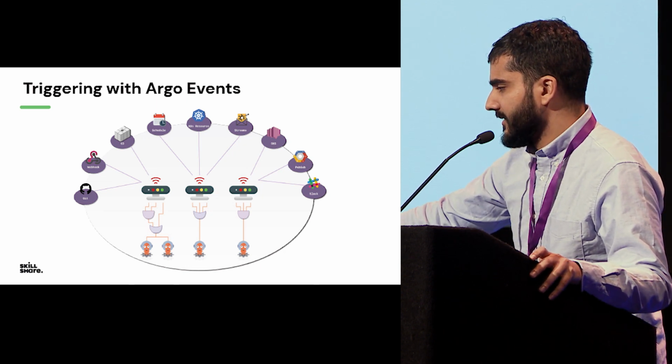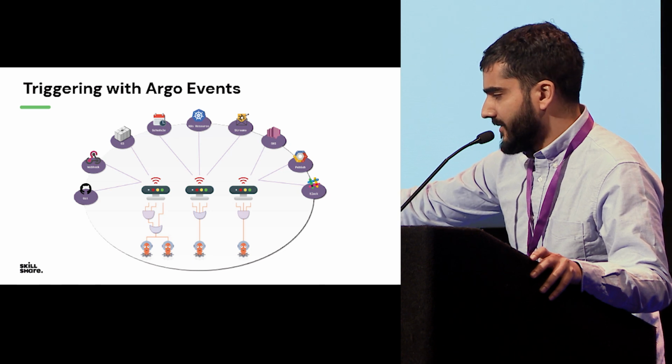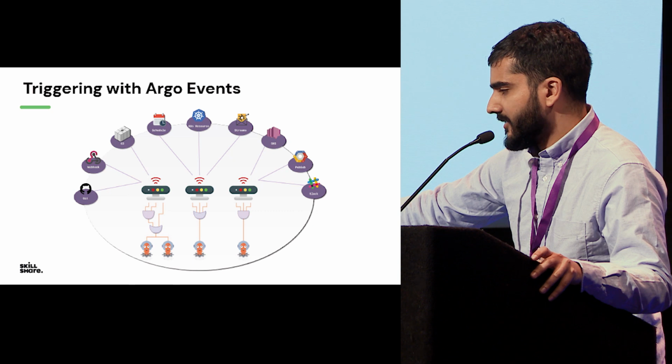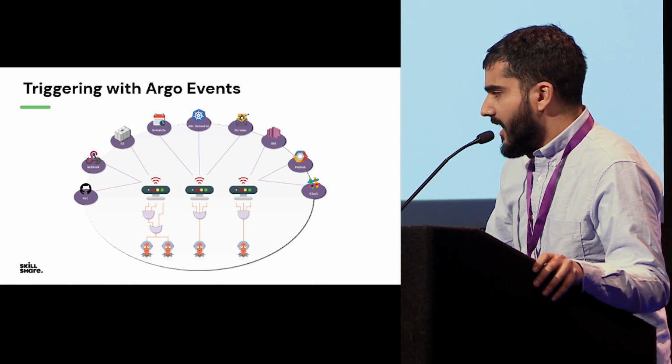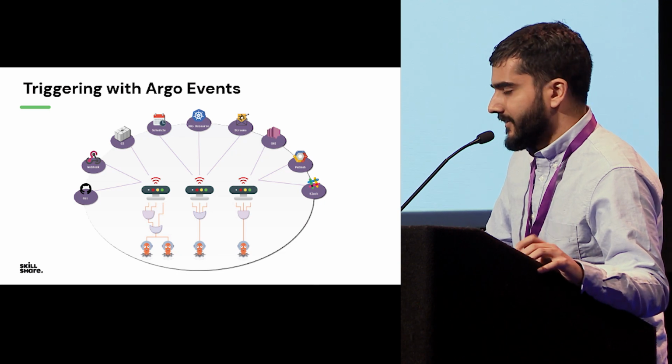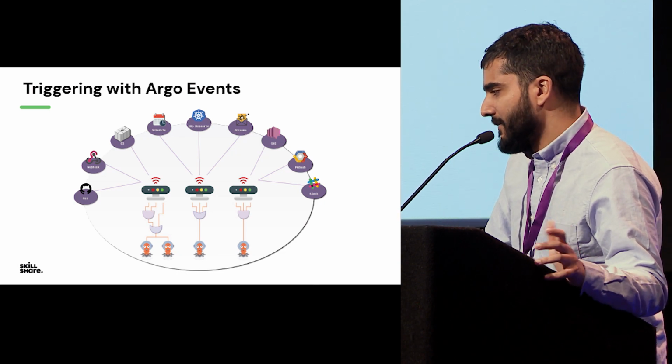And these little octopus dudes down here are, let me go back, these are your actual workflows. I'm not going to give code examples of that right now because I don't think it's that interesting, but the capability is there.